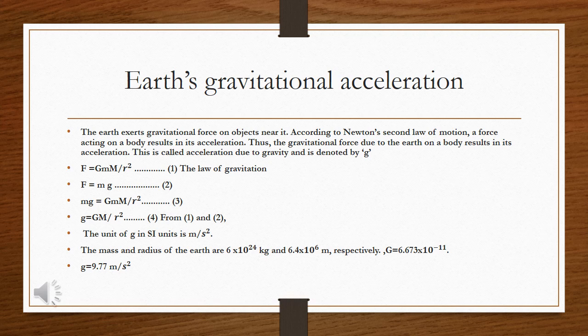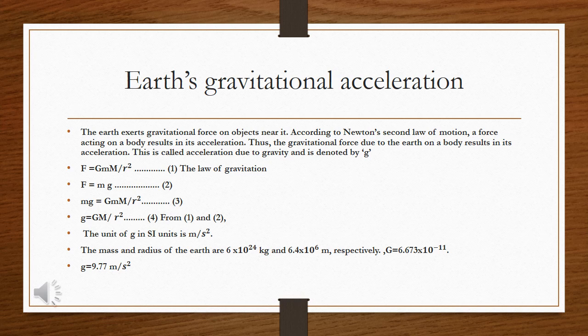If we know that the mass of the earth is 6 into 10 raised to 24 kg, the radius of the earth is 6.4 into 10 raised to 6 meter, and the value of G, the universal gravitational constant, is 6.673 into 10 raised to minus 11, by putting these values we get the value of g as 9.77 meter per second square.